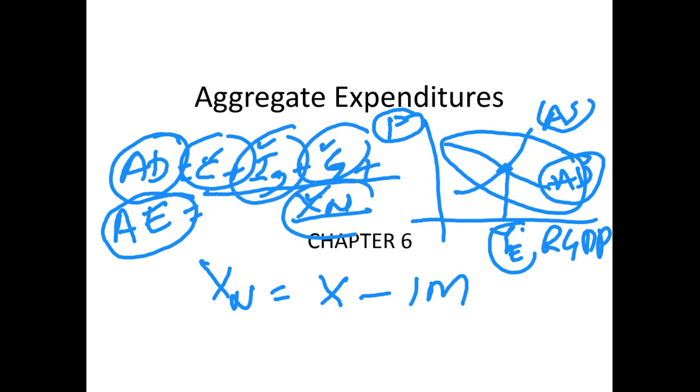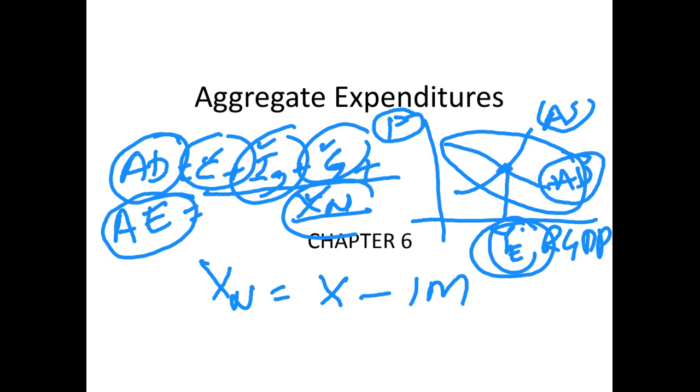So in this chapter, I will take each of these components of aggregate expenditures and further analyze these four different components, and then we add them together and derive the aggregate expenditure function. And then we move on from there and we calculate the same YE once again. Okay, so let's start this topic.